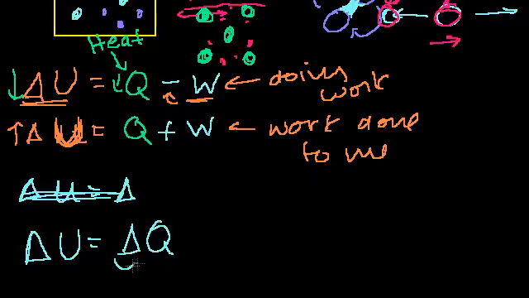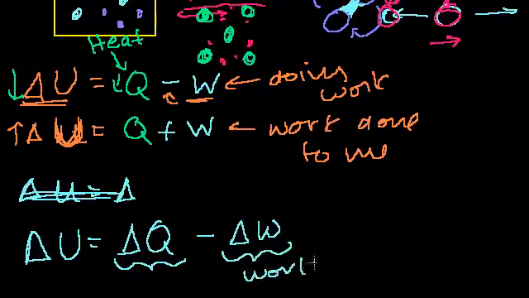But you can also view this as the heat added to the system minus the change in work, which is a little non-intuitive, because when you talk about heat or work, you're talking about transferring of energy. So sometimes the delta work means work done by the system. Obviously, if you have some energy, you do some work, you've lost that energy, you've given it to someone else, so you'd have a minus sign there.